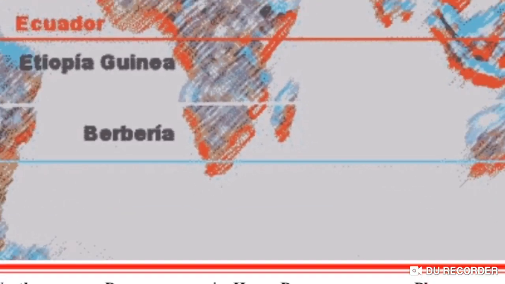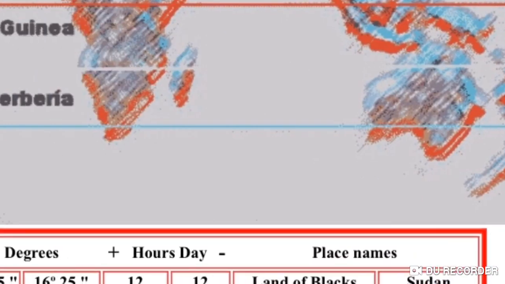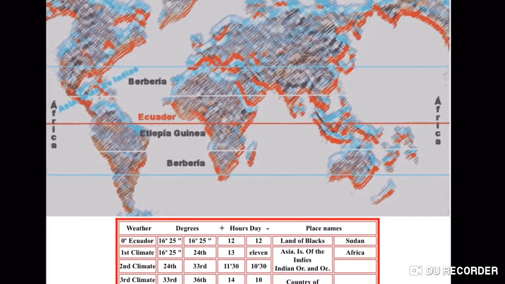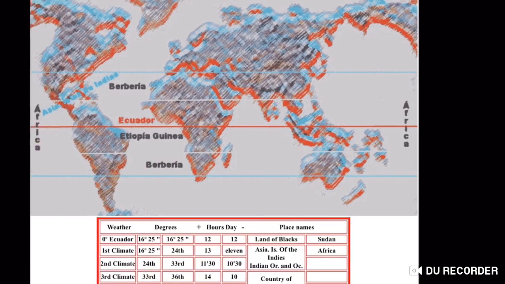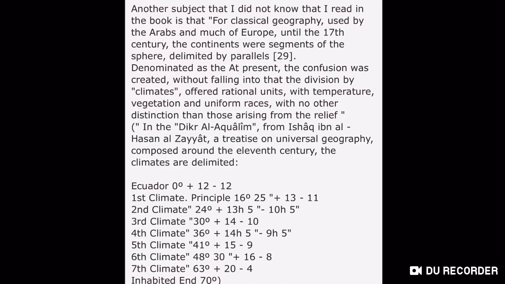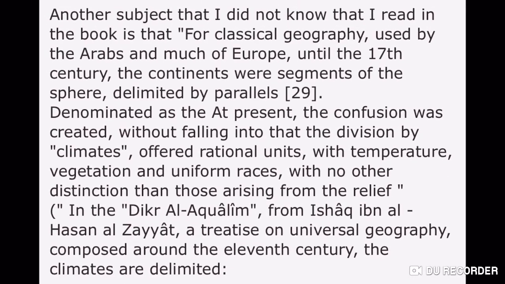Right here. And I think Argentina was Mauritania. Because Argentina just means land of silver, and we know who come to steal silver. It's Christians, so most likely they stole it from Moors.